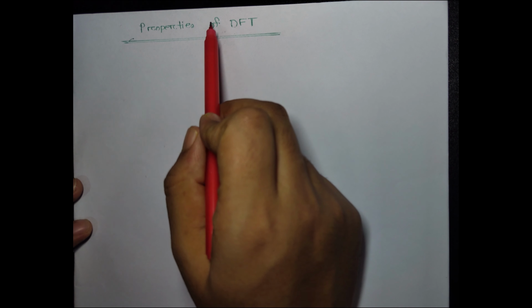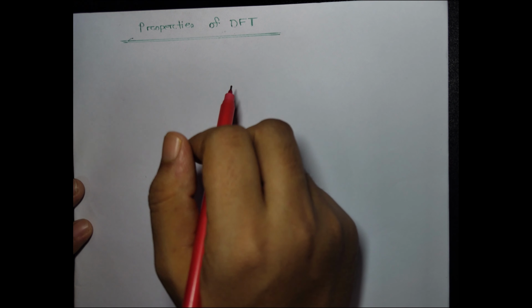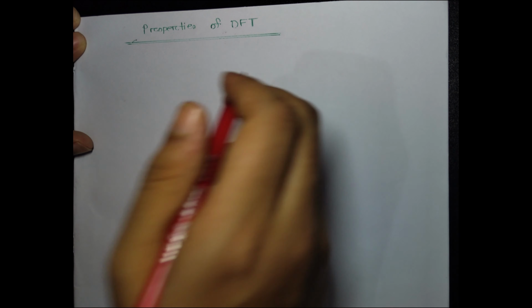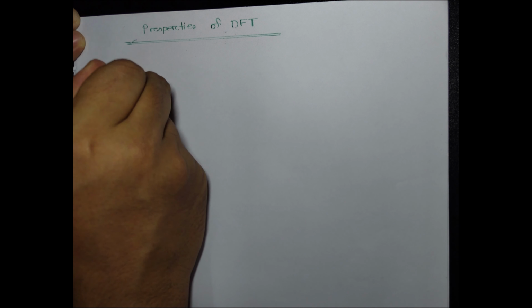Now I will discuss the properties of the discrete Fourier transform. The first property is the linearity property.